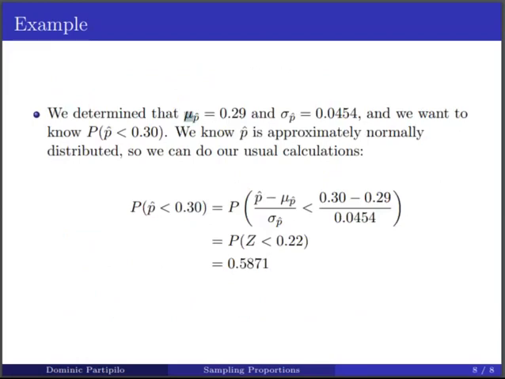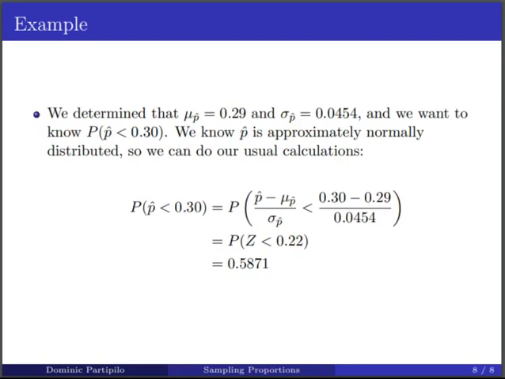So we determined that the mean of the sample proportion is going to be 0.29, and the standard deviation of the sample proportion is going to be 0.0454. And we want to know the probability that the sample proportion is less than 0.3. And since now we know that p hat is going to be approximately normal, we can do our typical calculations from before.